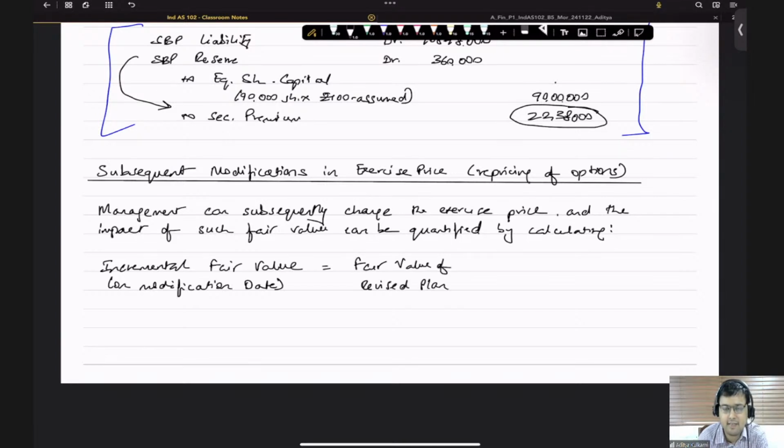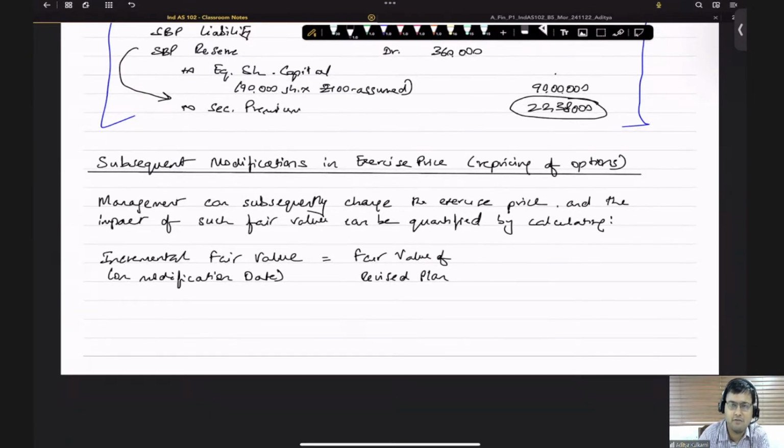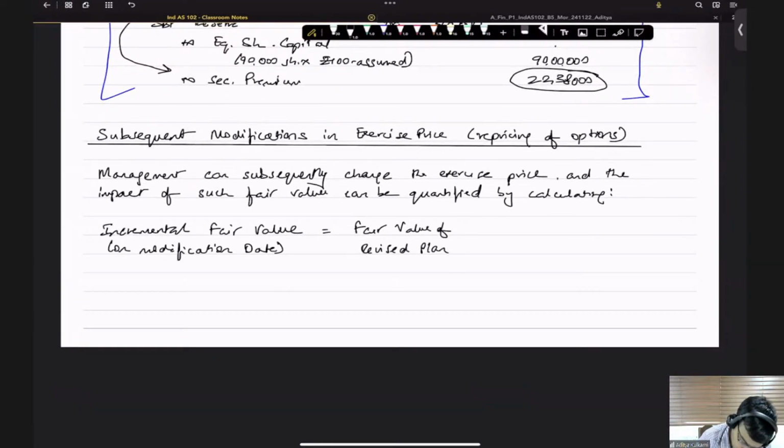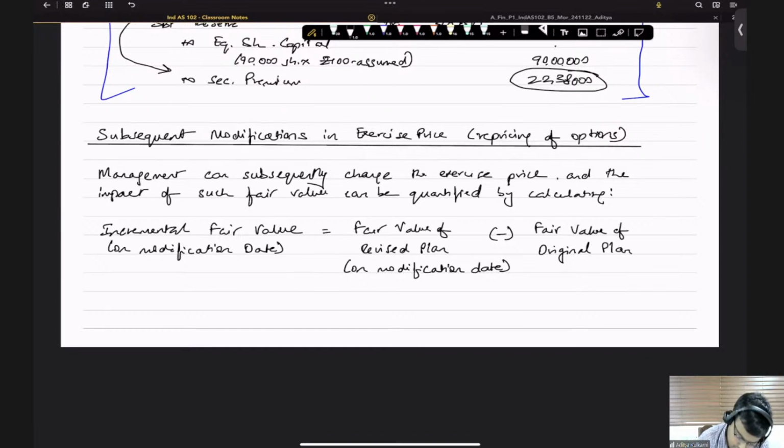He's changing the exercise price, and with change in exercise price the fair value changes. So the revised fair value on modification date, less the fair value of the original plan on modification date.